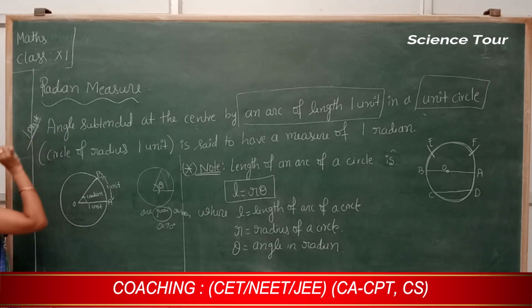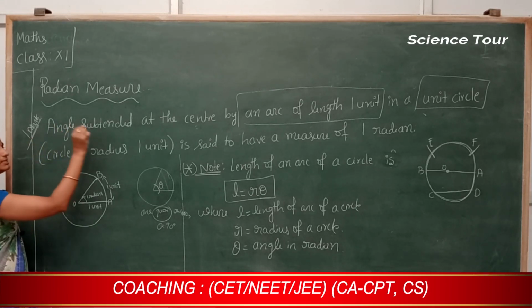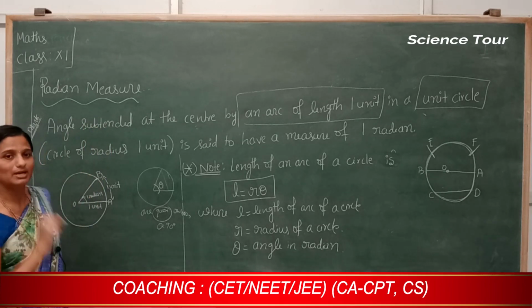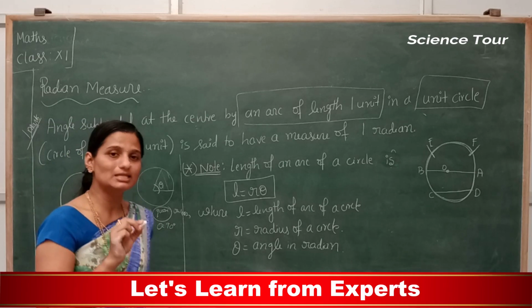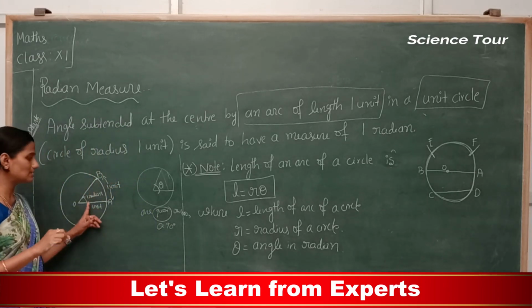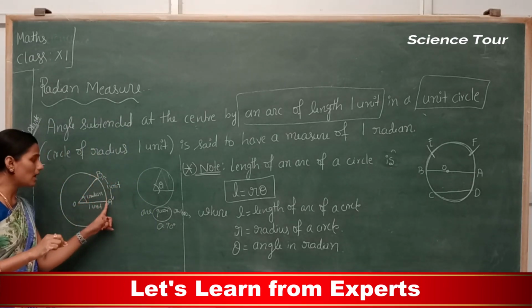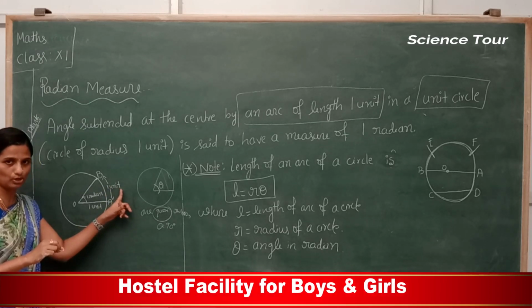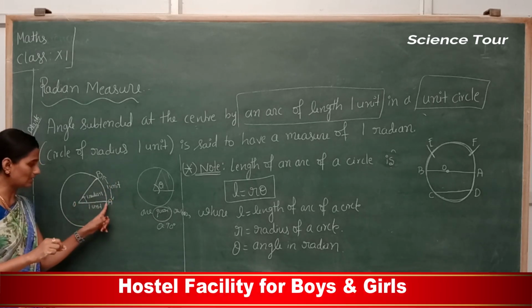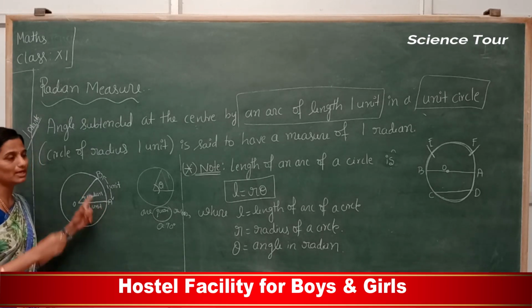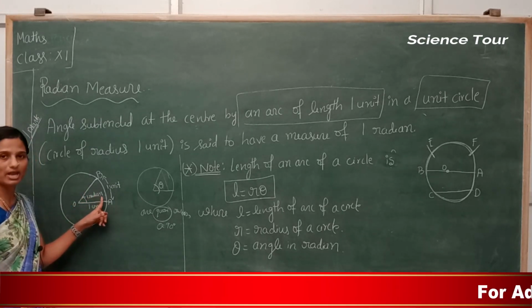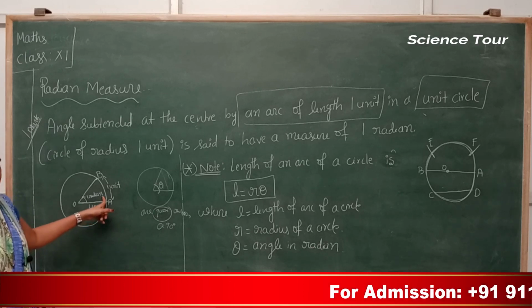So what is the definition of a radian? 1 radian is the angle subtended at the center by an arc of length 1 unit in a unit circle, meaning a circle with radius 1 unit.